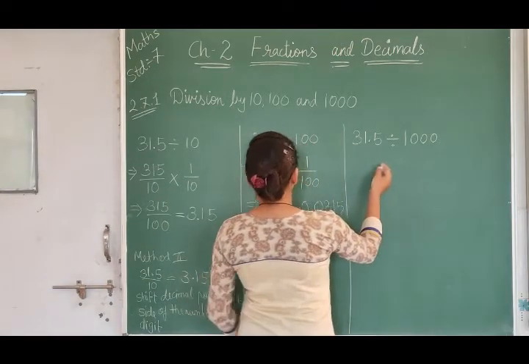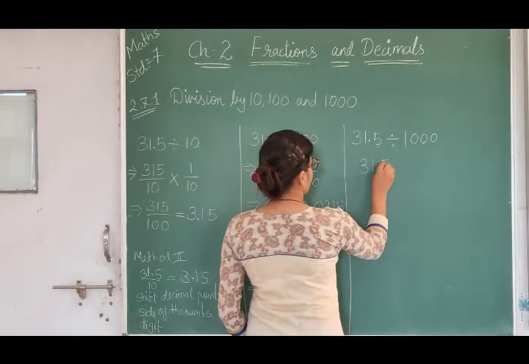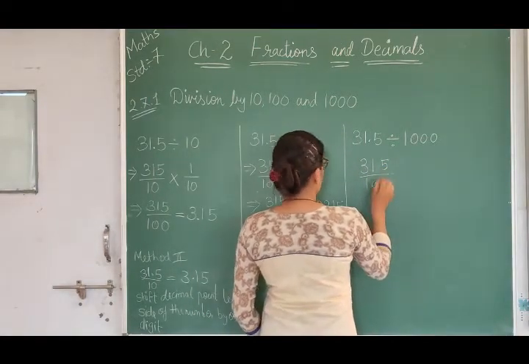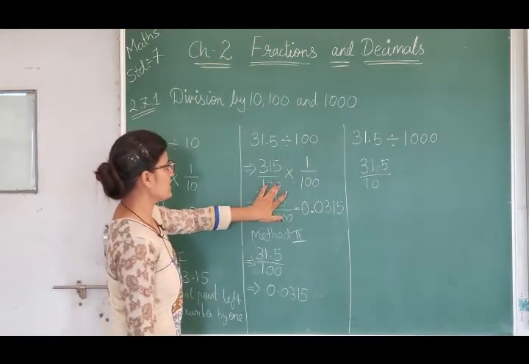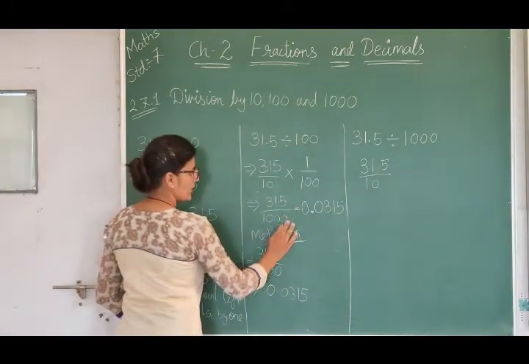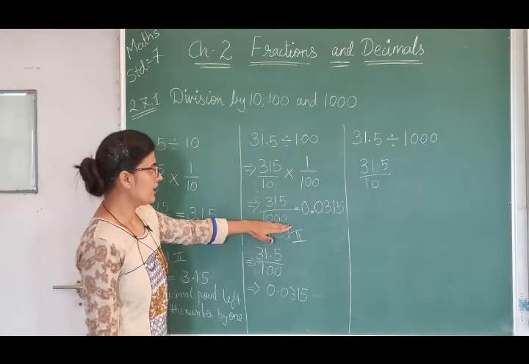Now division by 1000. Now let us see division by 1000. It will be equal to 315 by 10. Here it is a mistake. It will be 0 over here. 10 it will be. So here after the point we need only 3 zeros.